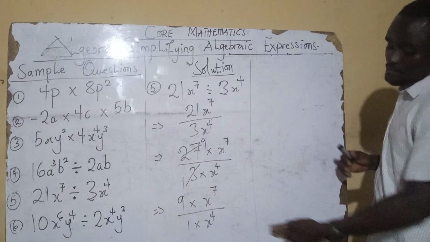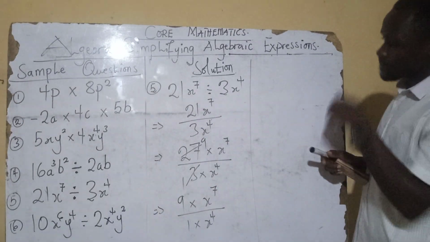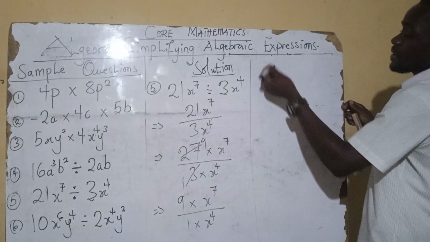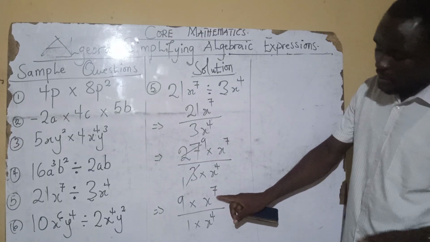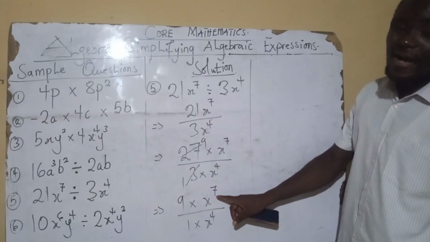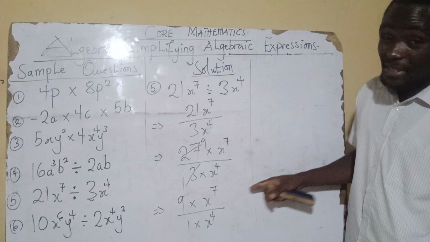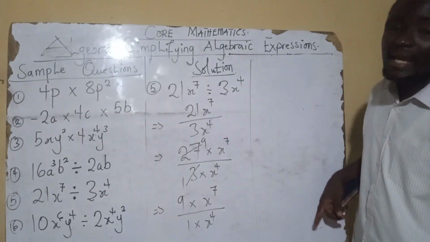But before that, let's make it simpler here. Have it in mind that assuming here is x¹⁰⁰, the question is, are we going to write x times x times x till we get x¹⁰⁰?